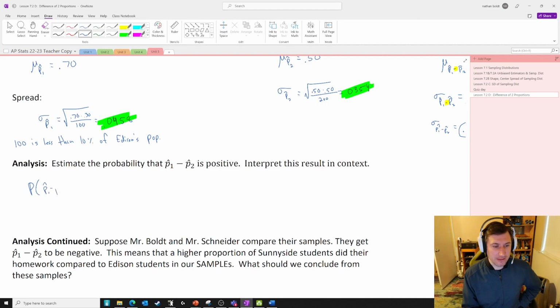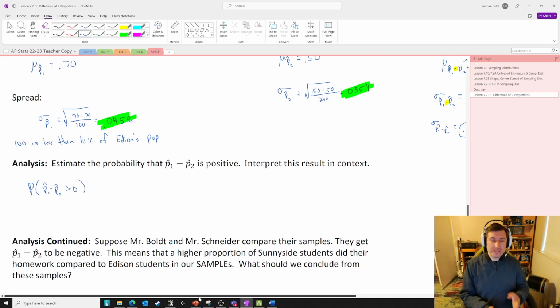Positive means greater than 0. All right, what does that mean? Well, if P1 hat is bigger, that means more students at Edison turned in their homework than at Sunnyside. What are the chances that my Edison sample is actually bigger than the Sunnyside one?